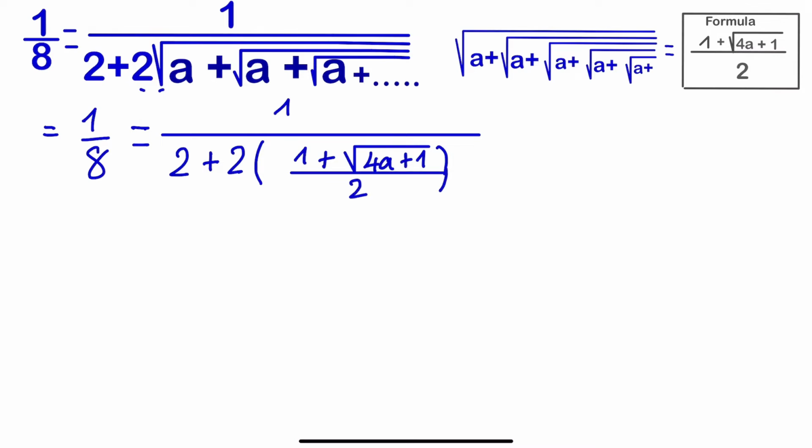So it's a product. To simplify this, this 2 and this 2 can be cancelled.